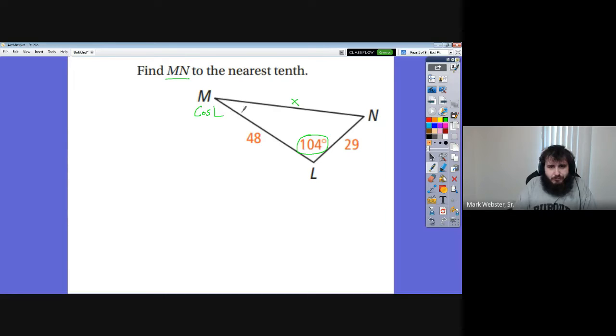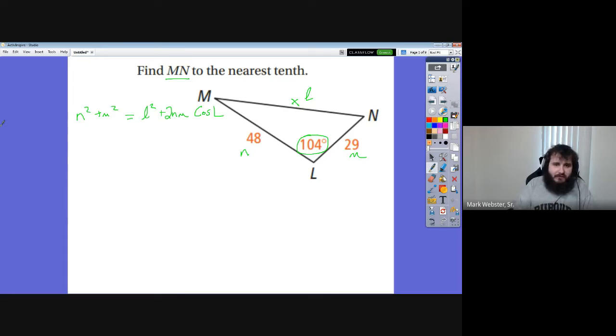Cosine of L. And again, let's label our sides. This is little l, little n, little m. So the other two letters, n and m, plus these should match, equals that. Hey, we did it.